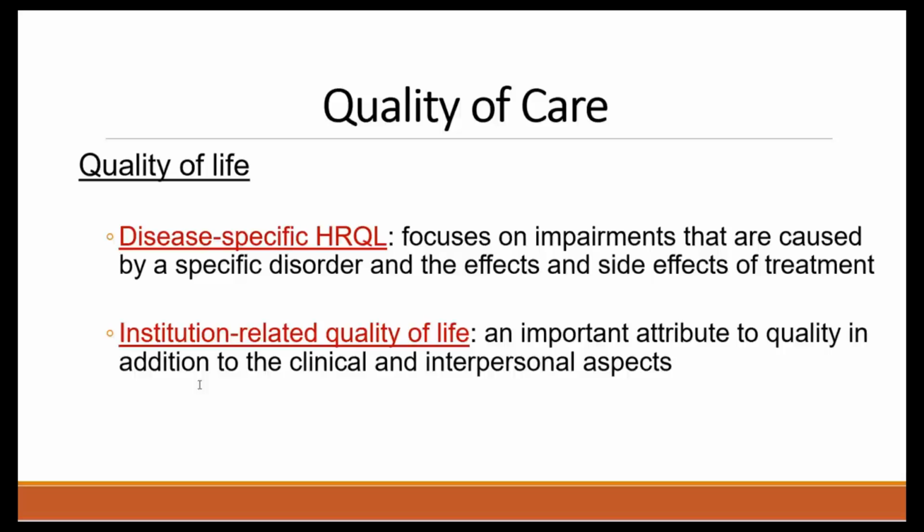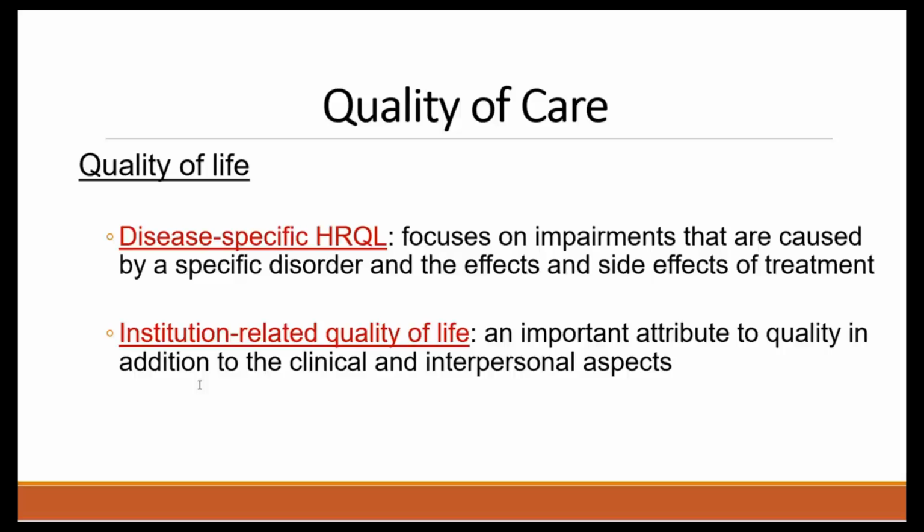So an example would be arthritis quality of life is concerned with joint pain and morbidity and side effects of the anti-inflammatory agents. Depression quality of life deals with the symptoms of depression.